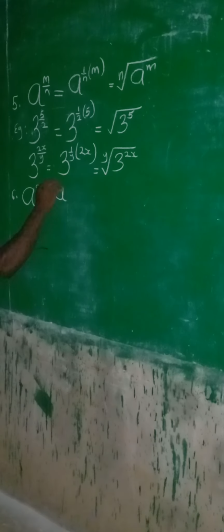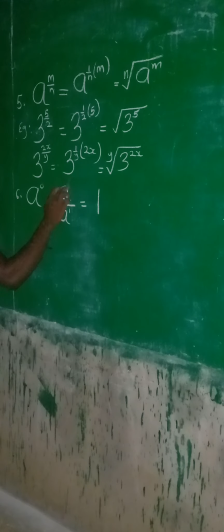If any number exponent 0 is 1, then we can say that a exponent 2 over a exponent 2 is equal to 1.